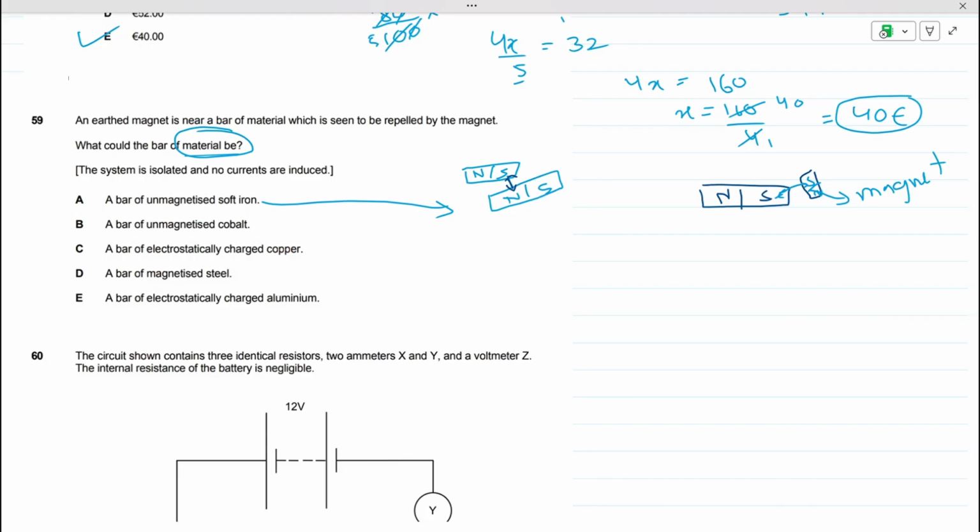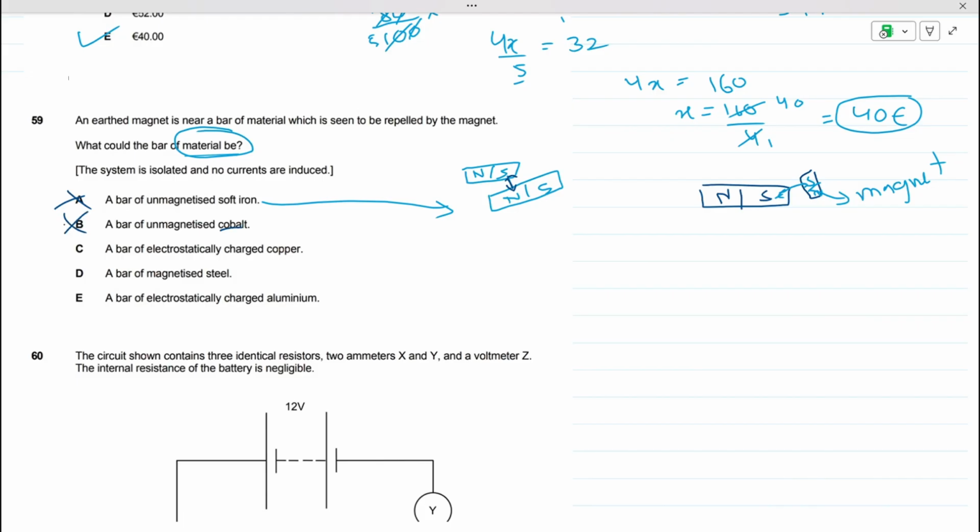The end nearest to the magnetic pole becomes the opposite pole. So, for instance, if we have north here, this nearest pole will be south. It would make itself an opposite pole. So, of course, opposites attract. So this would be attracted, not repelled. So our A option cannot be an answer, right?